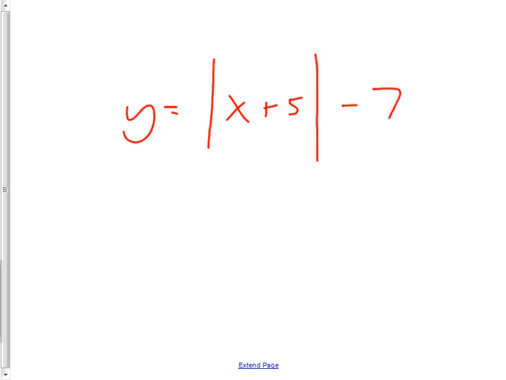All right, this one. Tell me, what shape is it? Very good, V shape. Where has it been moved? Left, right? This is left, right. This is up, down. One thing at a time.